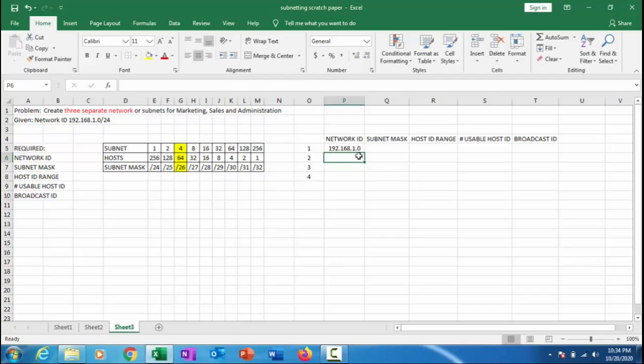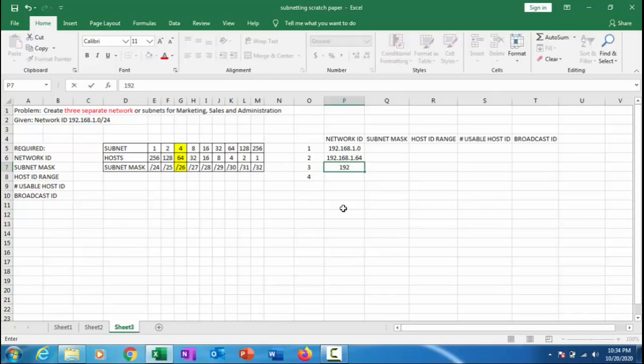Okay, so 192.168.1.0. So 0 plus 64, which means 192.168.1.64. Okay, so next is again we add another 64 to the 64.